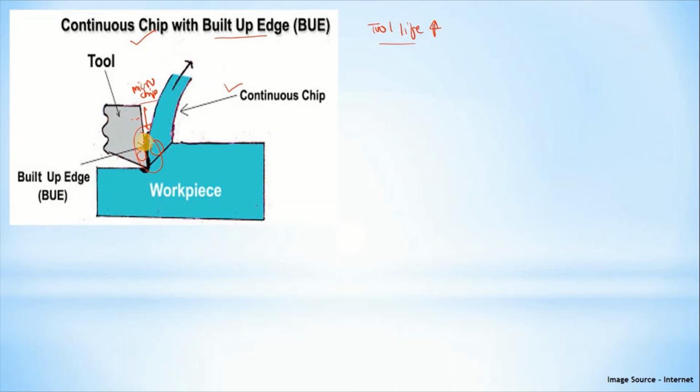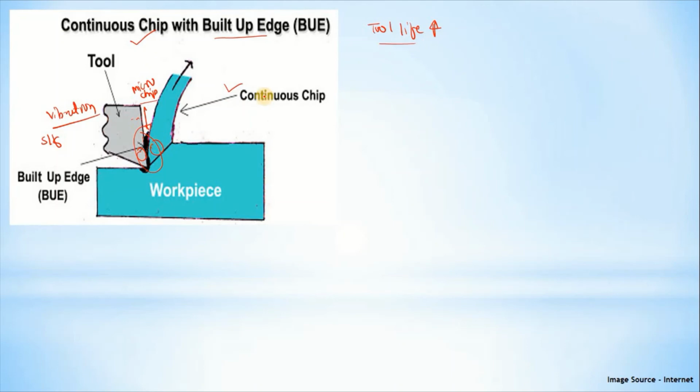If the force is more and fluctuation of cutting force is there, that will create vibration. So the surface finish we require on the workpiece surface can be disturbed, and there are some chances of carrying away some material from the tool by the built up edge, which will produce crater wear of the tool.